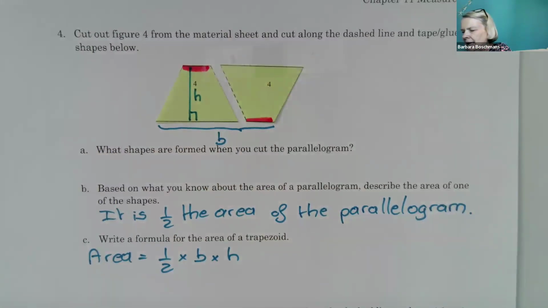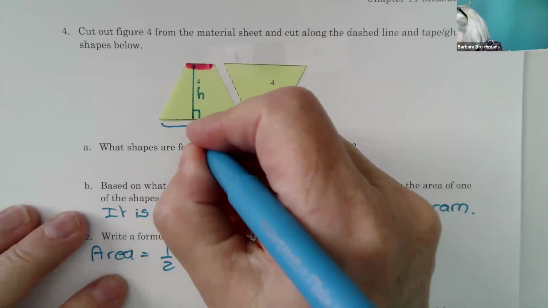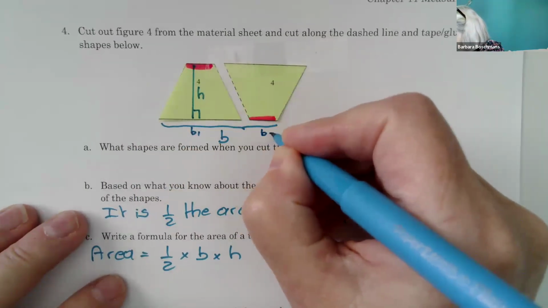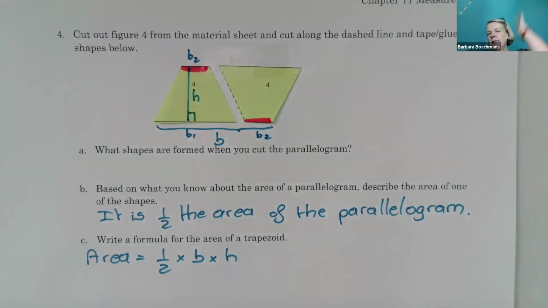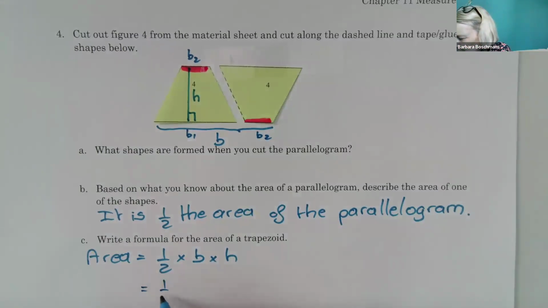So what we say is that we split our base into a base 1 and a base 2, where the base 2 now comes to the parallel side in that trapezoid. So B is actually equal to base 1 plus base 2 times the height.